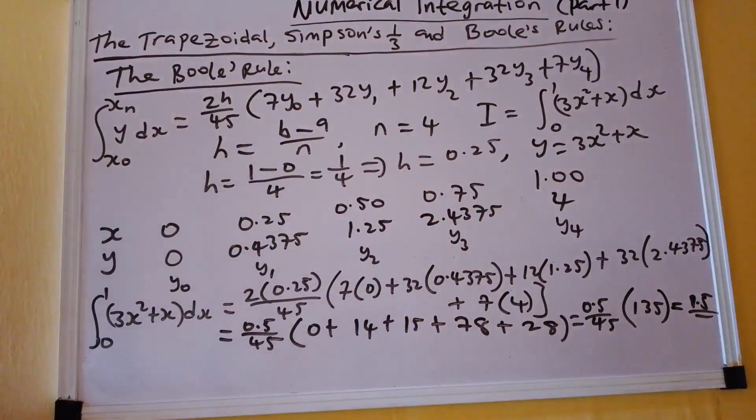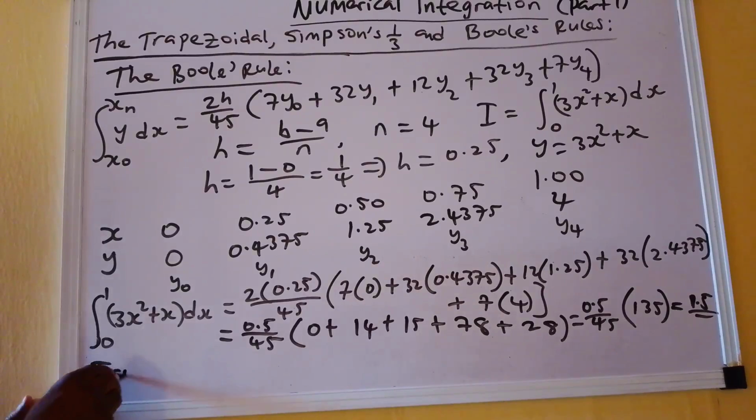So using the Boole's rule, we got exactly 1.5. So the Boole's rule has given us exactly 1.5, which is not different from the conventional method.